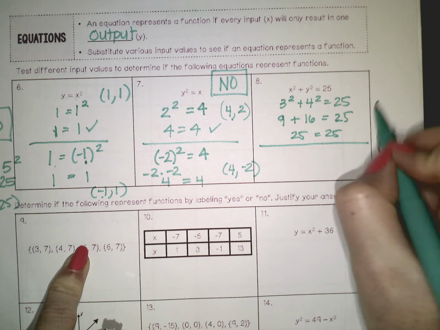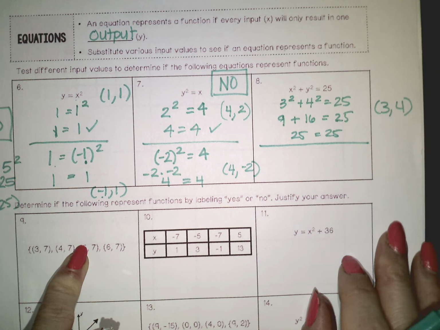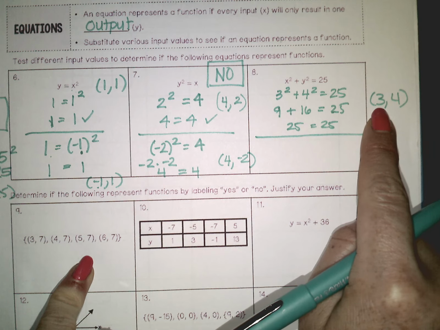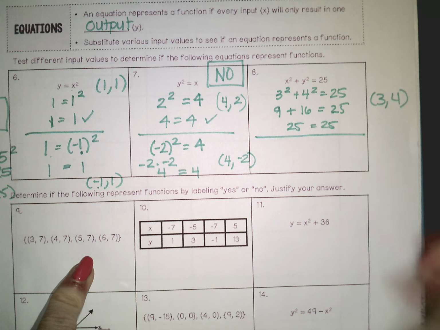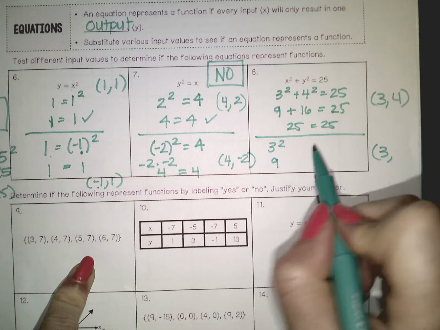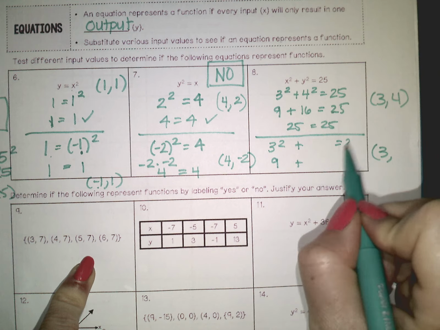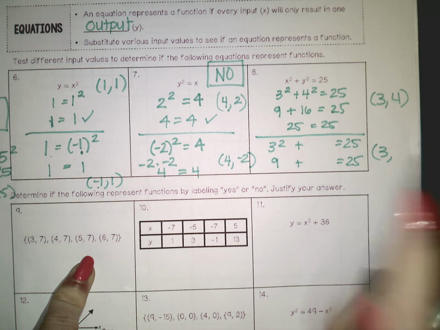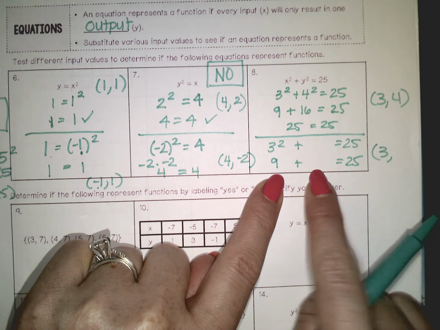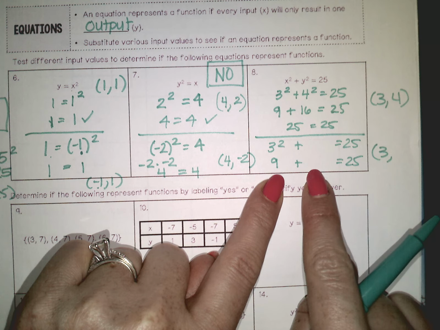So far, our input and output are 3 and 4. Is there a way to prove that this is not a function? That means if I plugged in 3, it'd have to come up with a different output. So I'm going to plug in 3 again. 3 squared we know is 9. The only number that I can add to 9 to get 25 is 16.